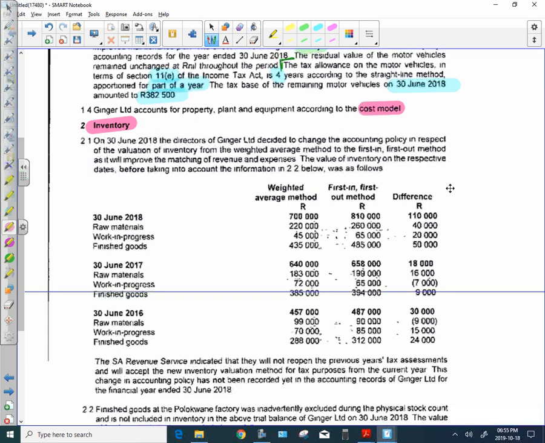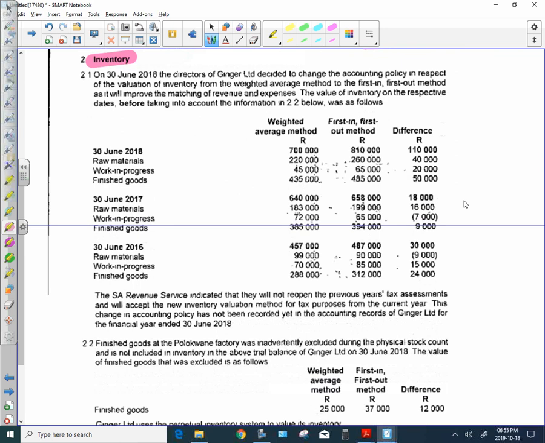They say that on the 30th of June 2018, the directors of Ginger Limited decided to change the accounting policy in respect to the valuation of inventory from weighted average to the first in, first out method, as it will improve the matching of income and expenses. That's important because in your disclosure, that's what you need to tell them in your little description.